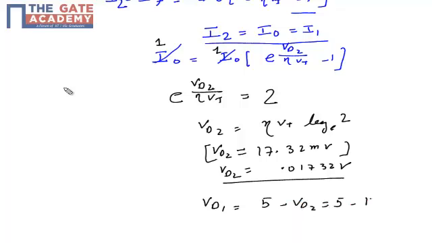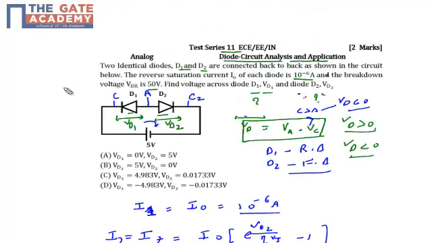So 5 minus 17.32 millivolt is approximately 4.983 volt. So the voltage drop across D1 is 4.983 volt, while the voltage drop across D2 is 17 millivolt. So my correct option is option C.